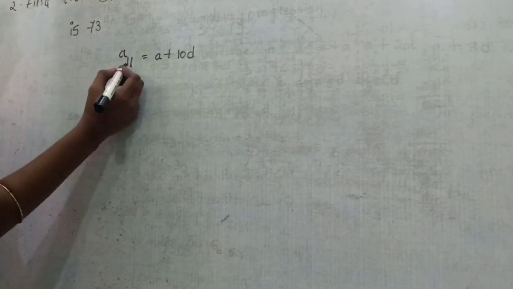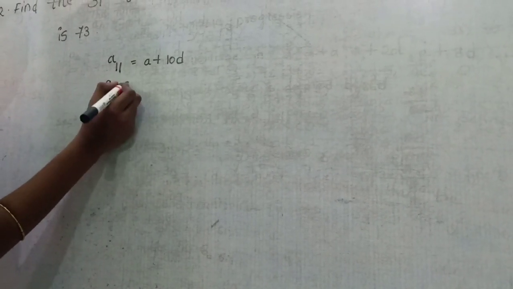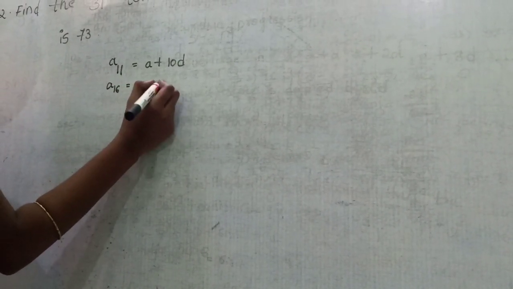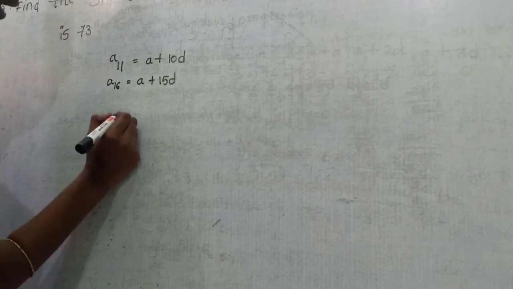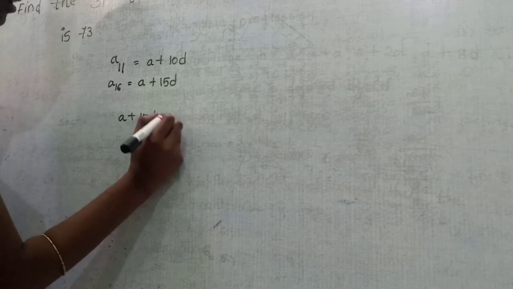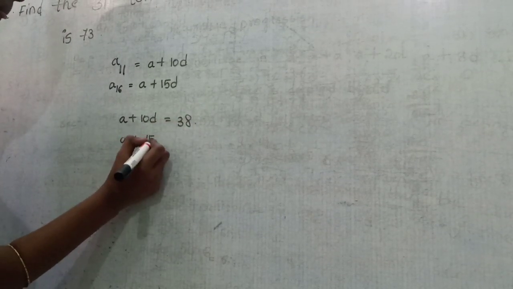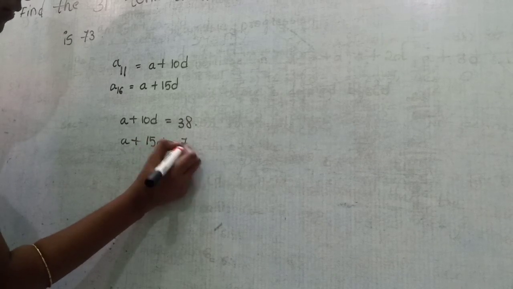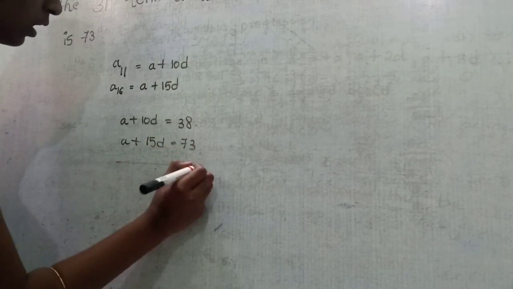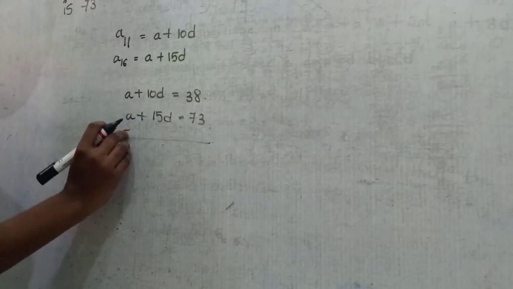The equation for A11 is equal to A plus 10D and the equation for A16 is equal to A plus 15D. A plus 10D is equal to 38 and A plus 15D is equal to 73. Now subtract. The symbols change.